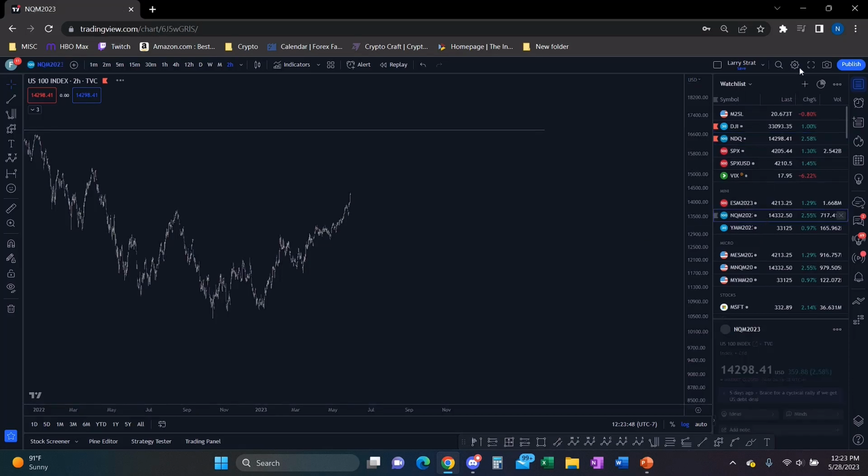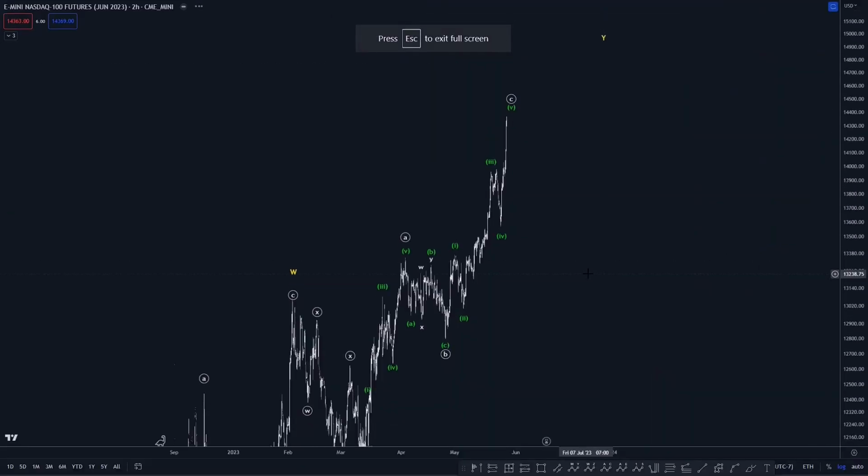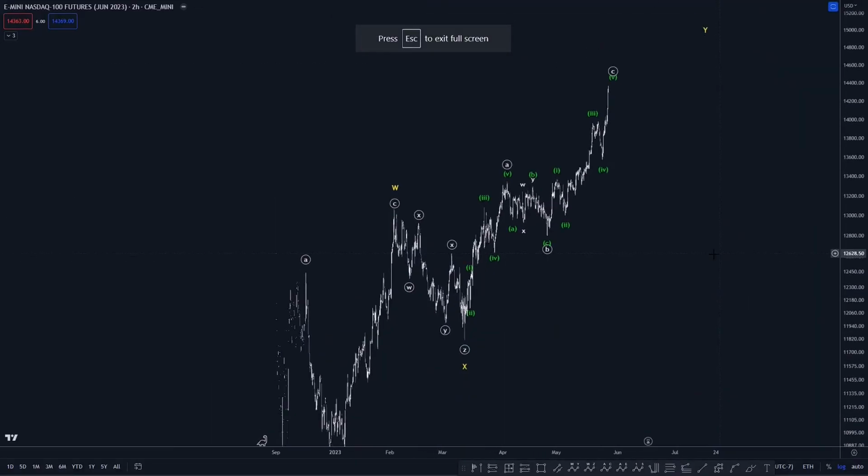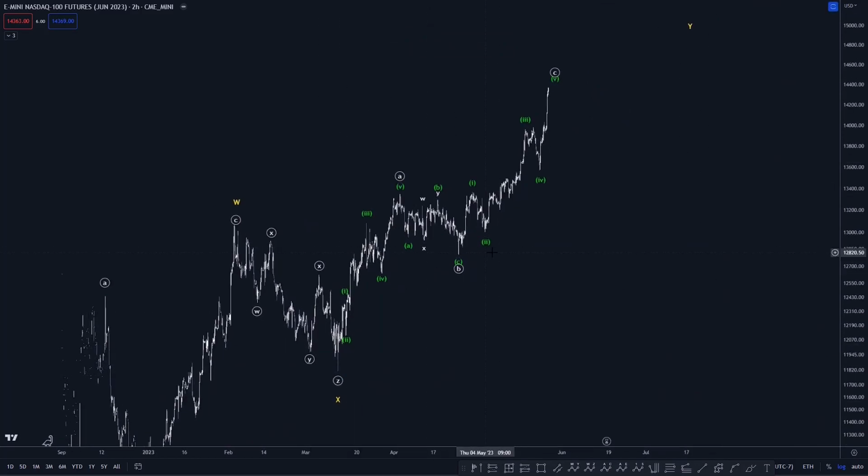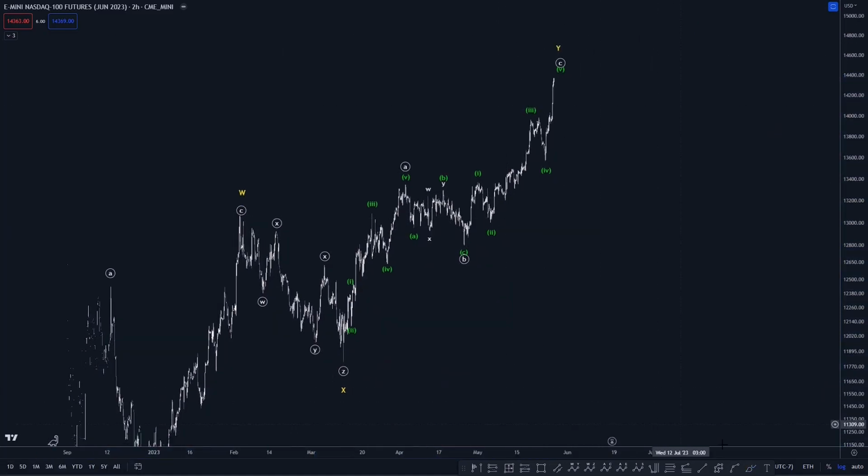But when I look at the futures market here, like I said, when we're looking at this ABC for this potential Y wave, I can truly get it completed. I mean, albeit I expect one more pullback and one more push up to get a nice clean impulse up. Nothing's perfect, but this is what I would like to see.